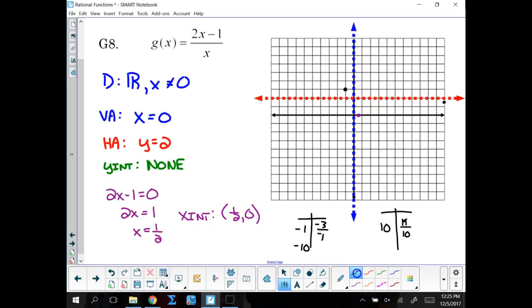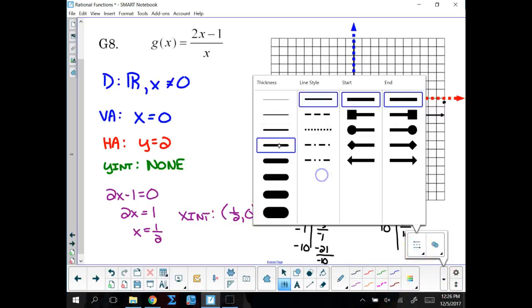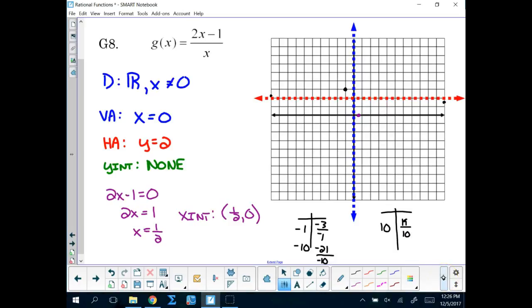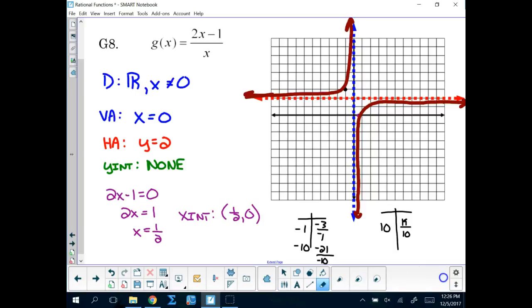Negative 10 times 2 is negative 20 minus 1 is negative 21. Divided by negative 10 is 2.1. Agree?